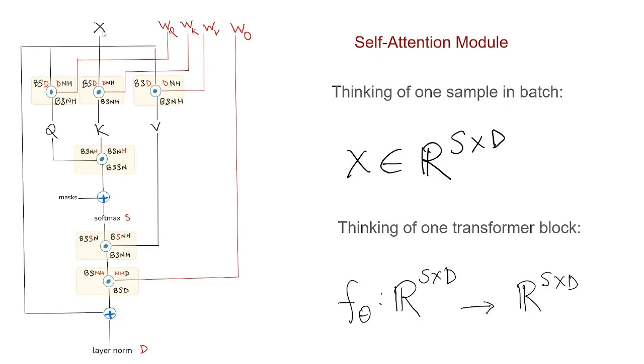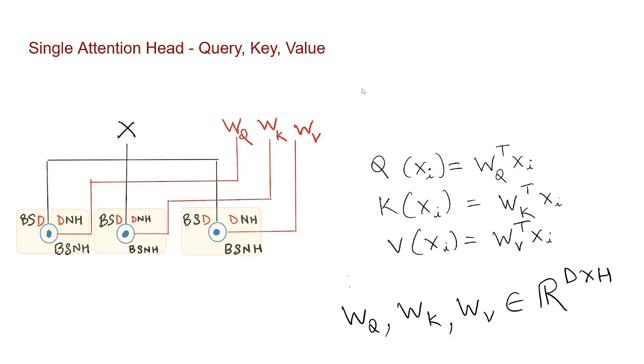This also holds for the self-attention module. So the output of the self-attention module is also of shape S by D here. Let's look at the linear projections, the key, query, value projections happening in the attention module. So we take in x_i, which is the embedding of one token.